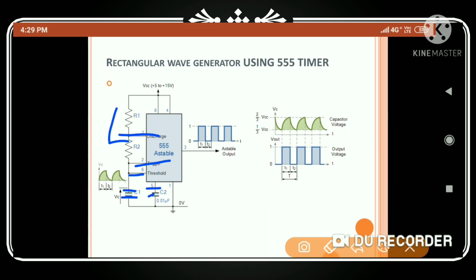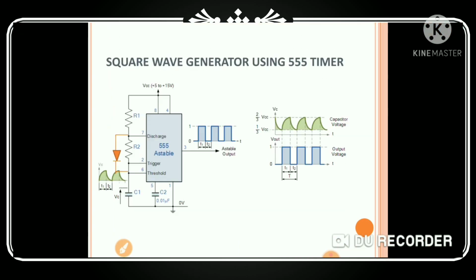Okay, so VCC is supplied to the 8th pin. Which one is the output here? The output is the 3rd pin. Here the astable output is given at the 3rd pin. Okay, the 8th pin is the VCC supply. Okay, like this you can see this diagram. This is for the rectangular wave or the square wave.